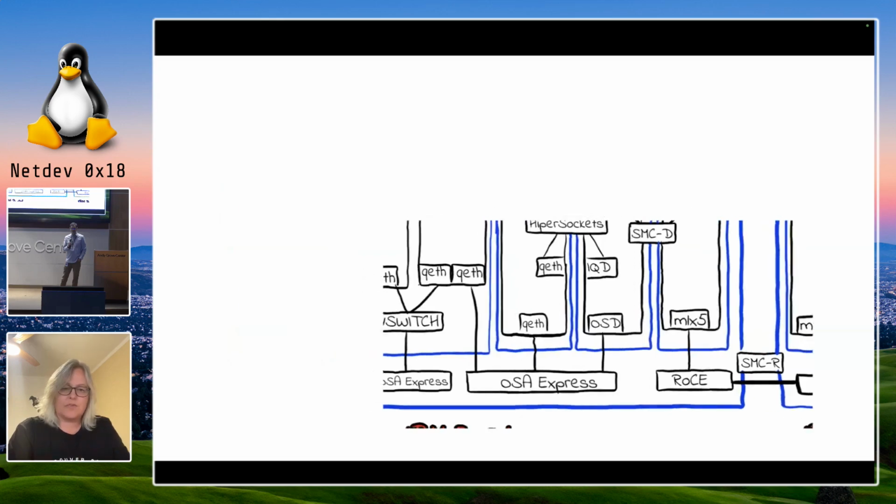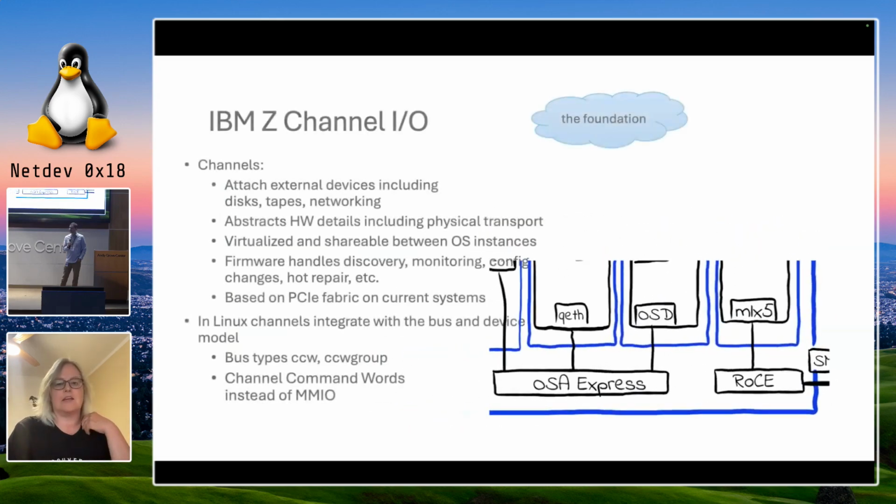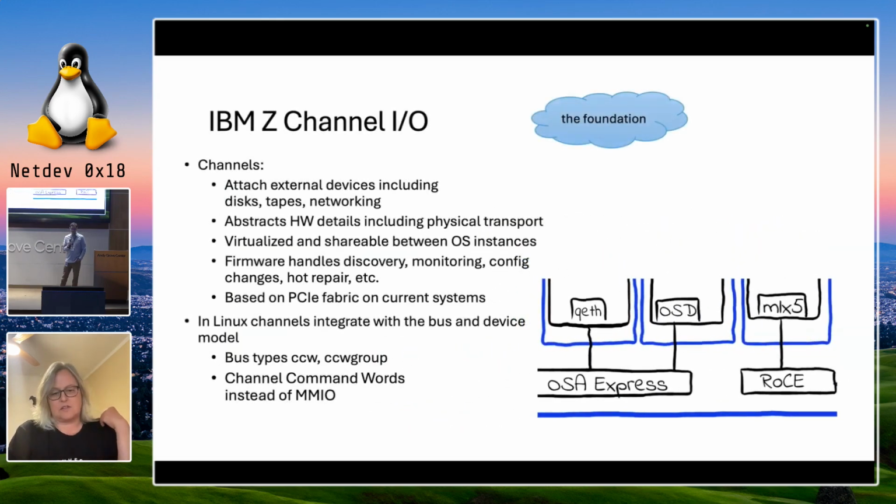So starting with some basics, as Niklas said, Linux on s390 architecture basically looks totally the same as any other Linux for a user. However, when you look at the I/O, you see some differences, obviously, because there the hardware architecture shines through.